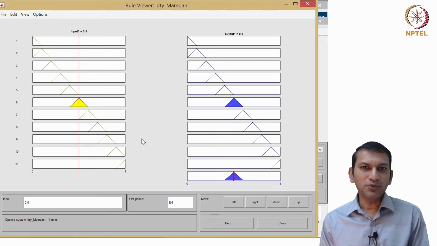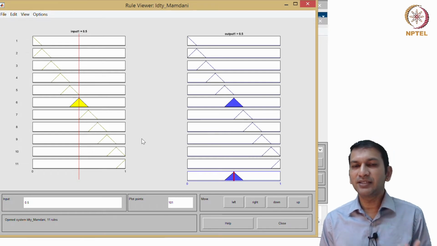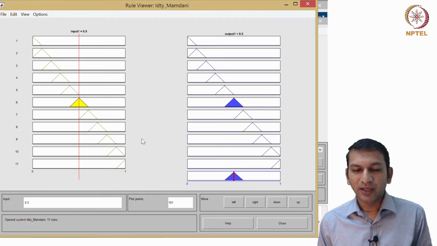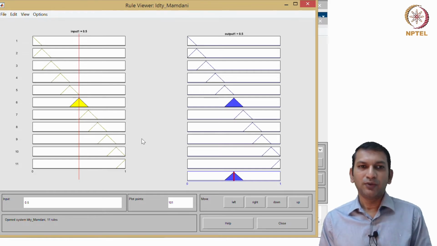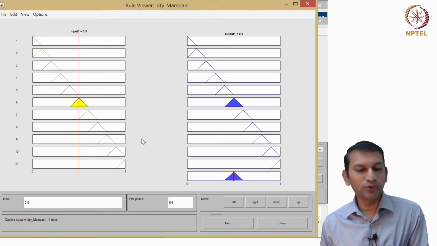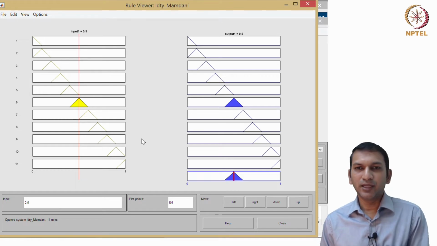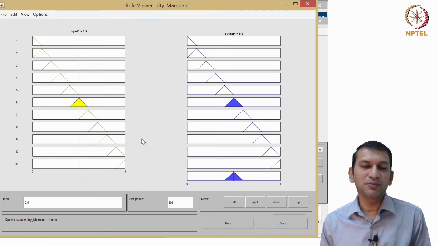And this is somehow capturing the monotonicity of the entire system function itself. This is what we want to study. And from this example, we will see how to capture this concept of monotonicity in a more abstract sense so that we could discuss which fuzzy inference systems are monotone.